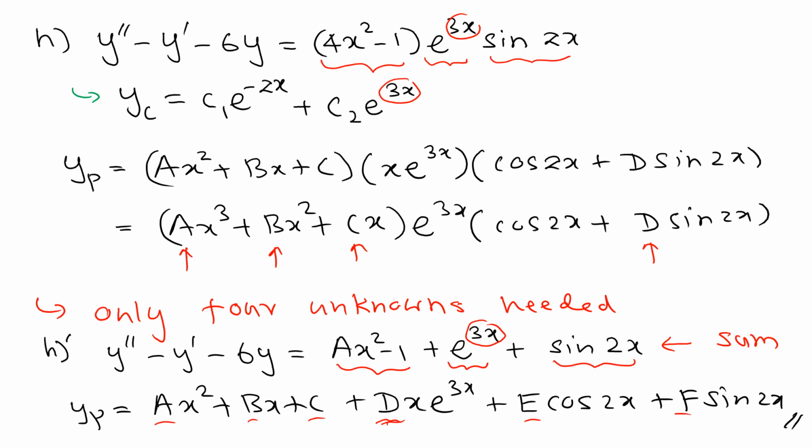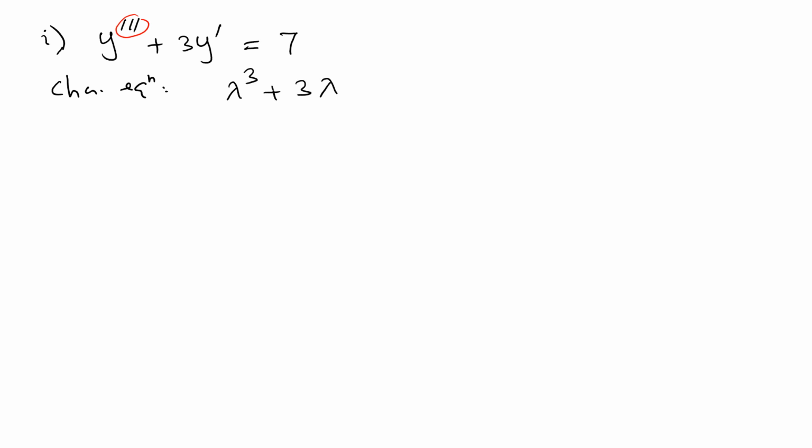Okay, so let's look at the next one. Let's look at several higher order differential equations now. So we have a third order differential equation. Again, it's the same argument, same technique. We're going to look at the characteristic equation first. It is going to be lambda cubed plus 3 lambda equals 0.